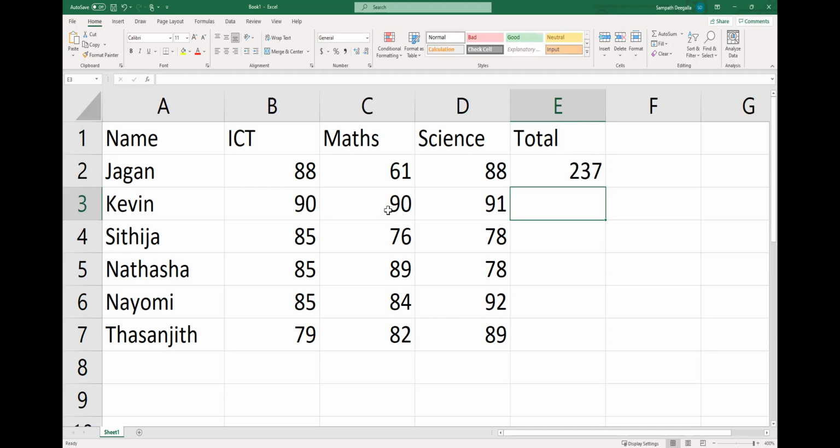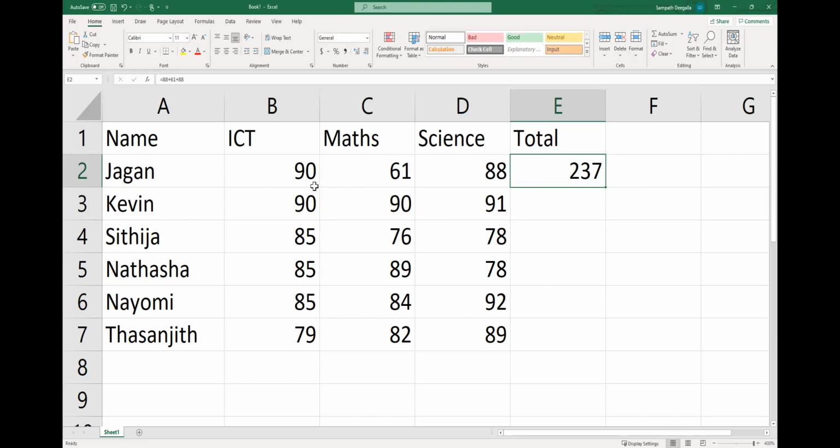But the problem is, if I made a mistake, let me say, no, it's not 88, it's 90, you see, the totals will not change. The problem is, I have used the numbers as they are.